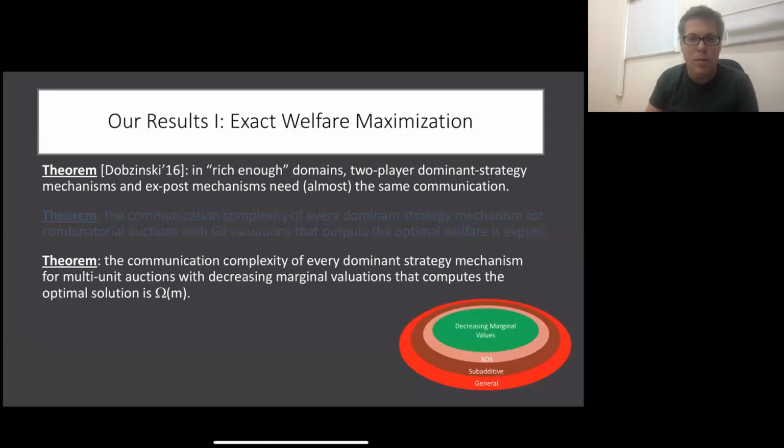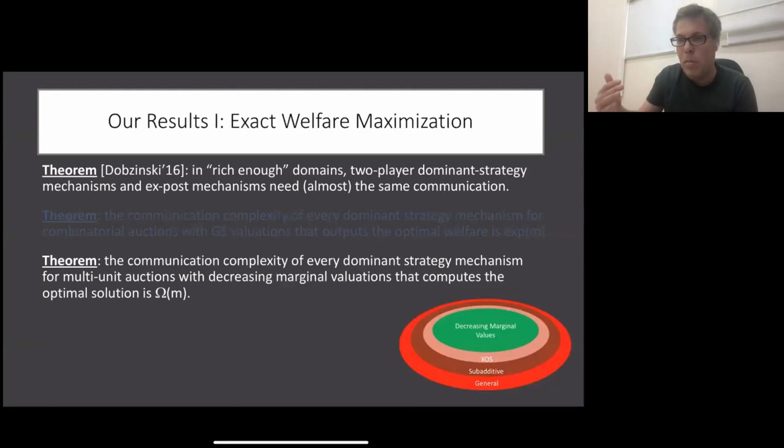Then we are going to discuss the green areas that we've seen before. We're going to show that the communication complexity of every dominant strategy mechanism for combinatorial auctions with GS valuations that outputs the optimal welfare is exponential in M. Again, recall that the ex-post implementation is polynomial in M. And the second theorem that I'm going to show you is that the communication complexity of every dominant strategy mechanism for multi-unit auctions with decreasing marginal values is omega of M. Again, before that, we needed only logarithmically many bits in order to compute with an ex-post implementation.